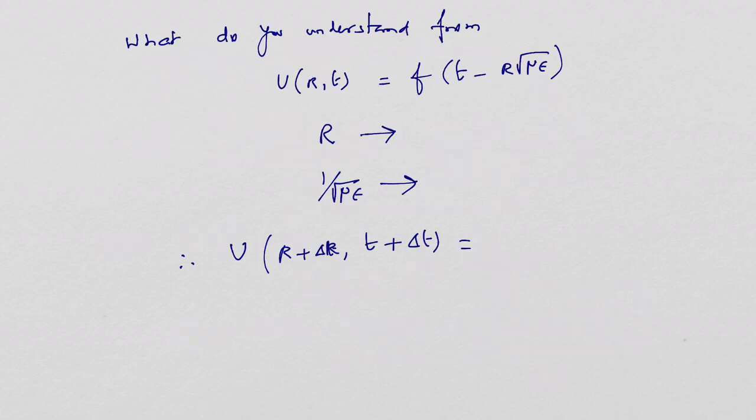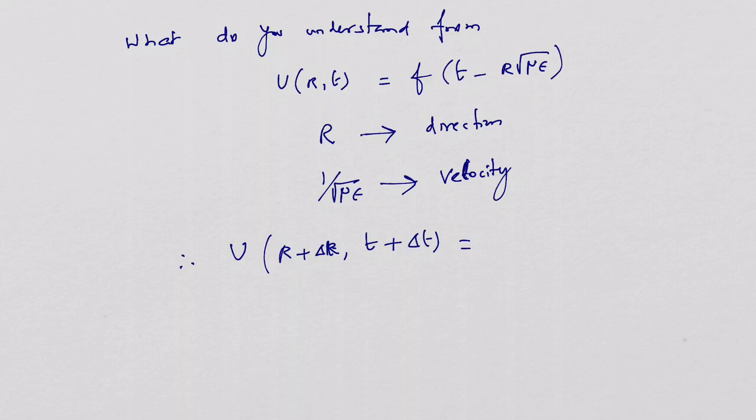So what do you understand from this u of r comma t? It's a function of t minus r into square root of mu epsilon. This equation indicates that the wave is traveling in the positive r direction with velocity 1 by square root of mu epsilon.